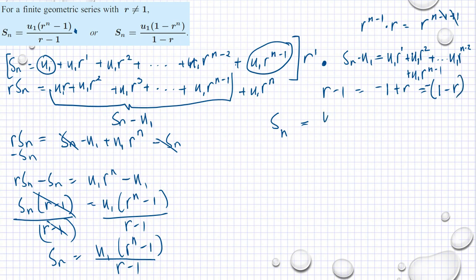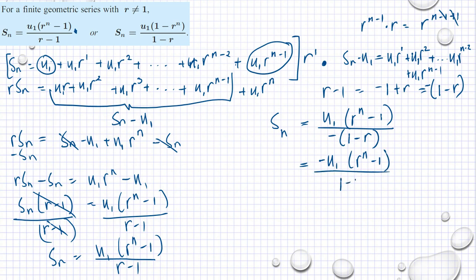So s sub n is equal to u sub 1 multiplied by r raised to n minus 1 divided by negative times 1 minus r. And then we have negative here, so we have negative u sub 1 r raised to n minus 1 divided by 1 minus r. If I'm going to multiply negative 1 to both terms, then s sub n is equal to u sub 1 multiplied by 1 minus r raised to n divided by 1 minus r.